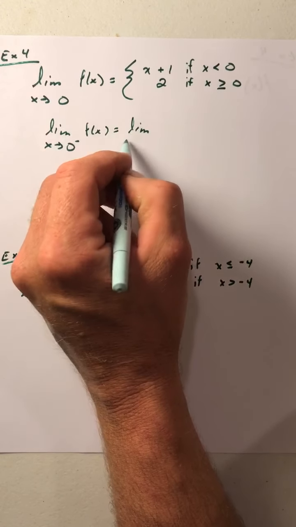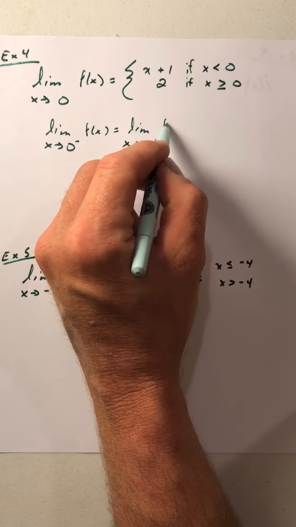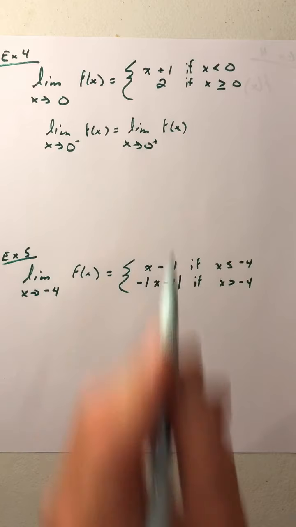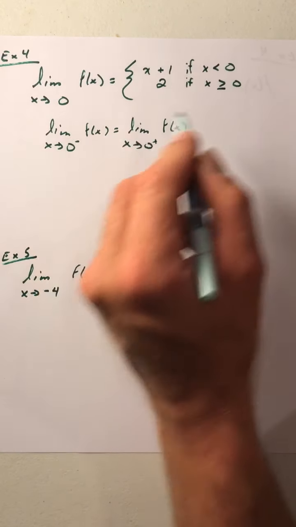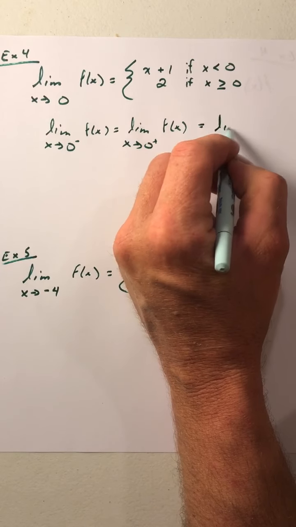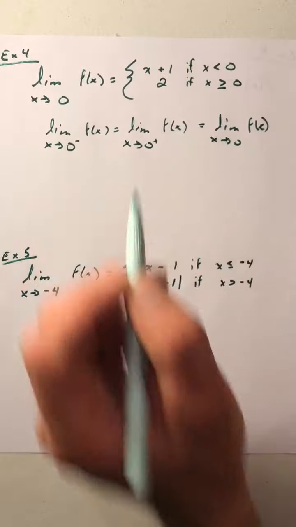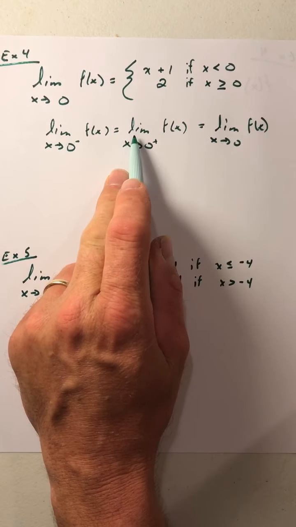So I'm looking at the limit as x goes to 0 from the positive side and the limit as x goes to 0 from the negative side, and they have to equal each other in order for that limit overall to exist. So if the limit from the negative side and the limit from the positive side are equal, then the limit overall is going to exist. So that's what we're going to test: do these two things equal each other?